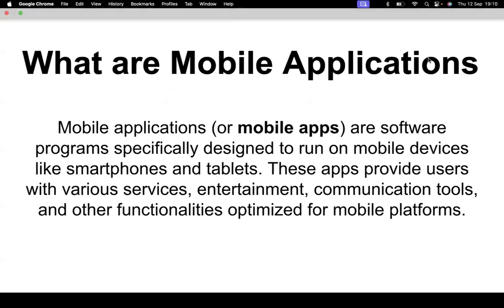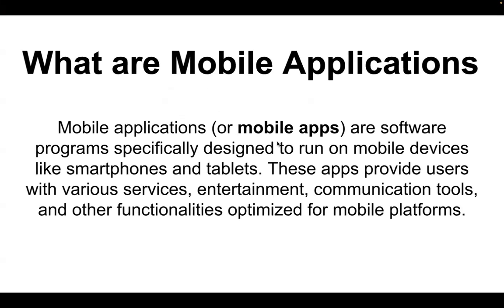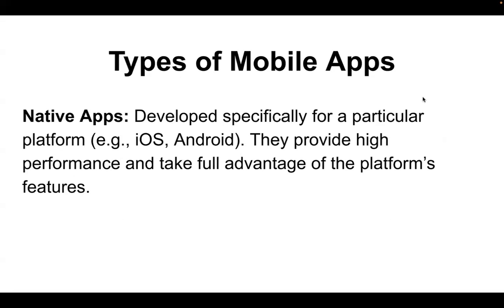So just now I explained what mobile applications are. Mobile applications are software programs specifically designed for mobile devices, called smartphones or tablets or something like that. That is already covered. Next, what are the types of mobile applications?